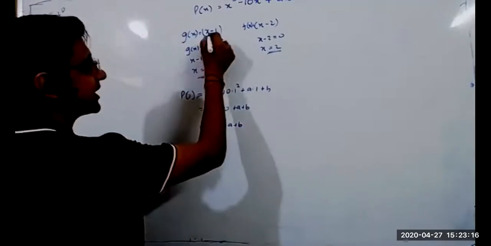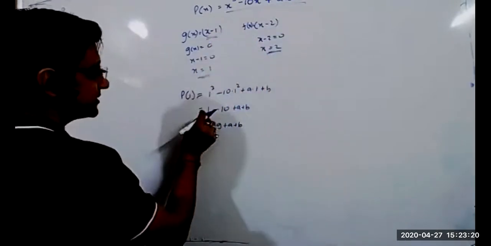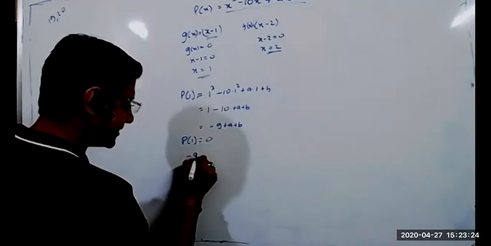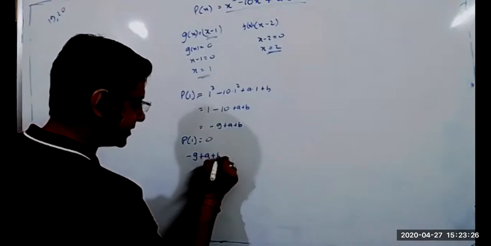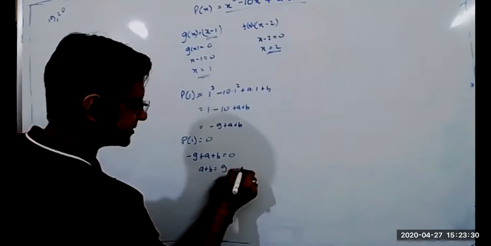Since it is exactly divisible, it should be equal to 0. So a plus b equals 9. This is equation 1.